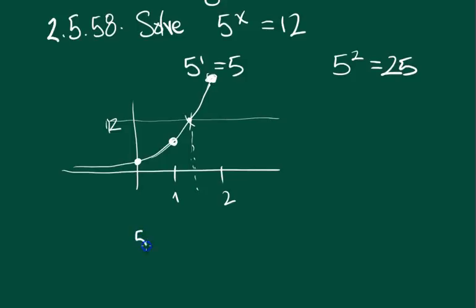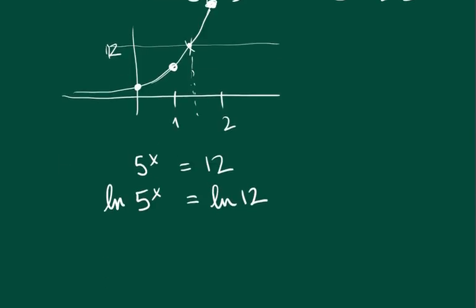We have 5 to the power x is equal to 12. What we're going to do is take the log of each side. So I'll use the natural log because that's my favorite. So I have the natural log of 5 to the power x is equal to the natural log of 12.